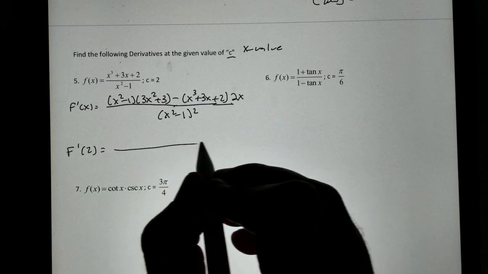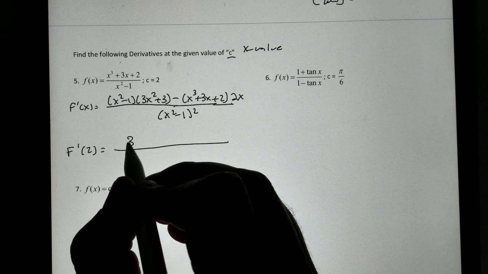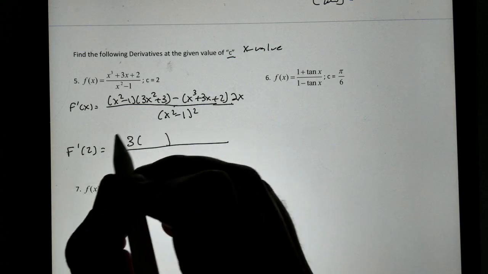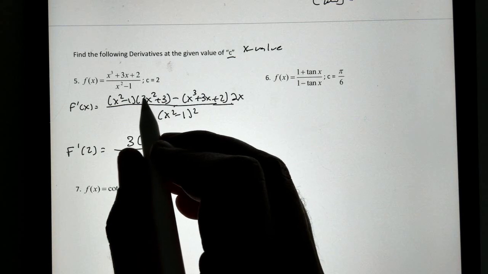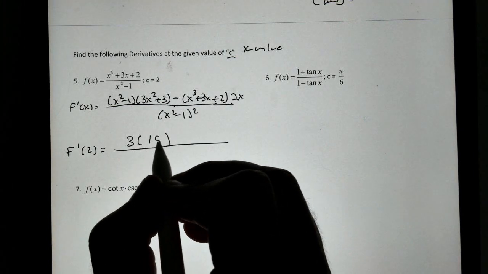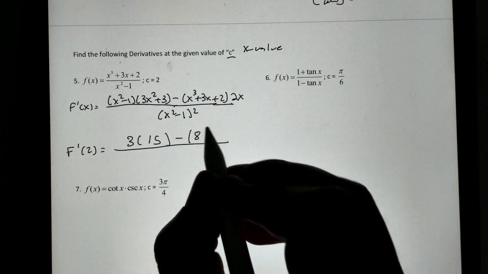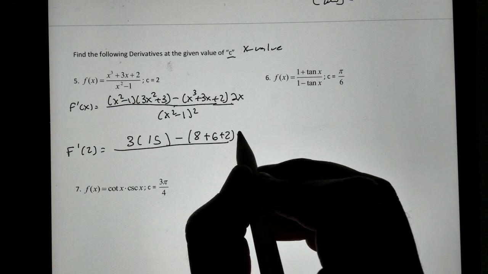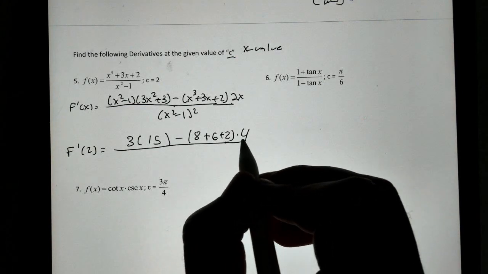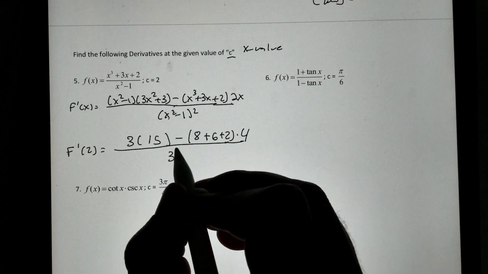When you plug in 2, do this in your head. This is 4 minus 1, which is 3, times, this one might be a little bit harder, 4 times 3 is 12, 12 plus 3, 15, minus 2 cubed, plus 6 plus 2, times 4, and the bottom becomes 4 minus 1, so 3 squared.